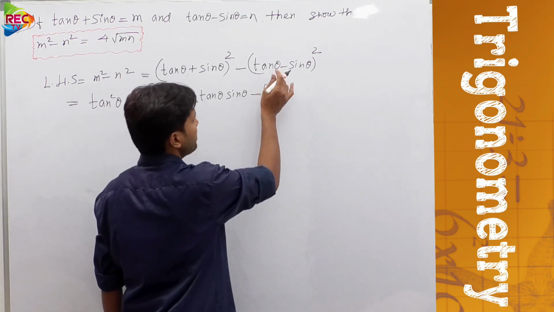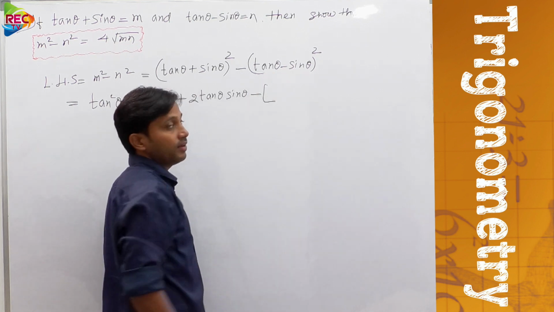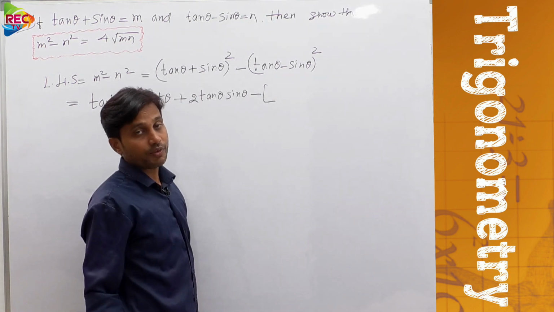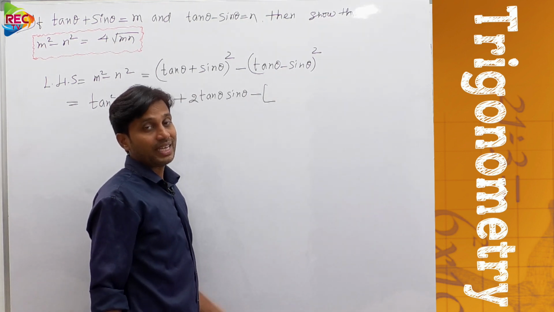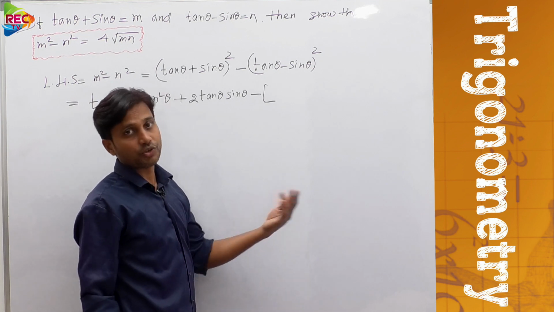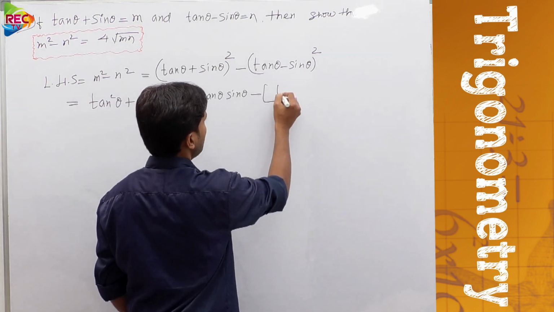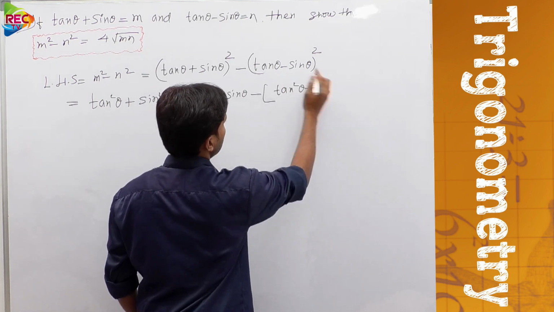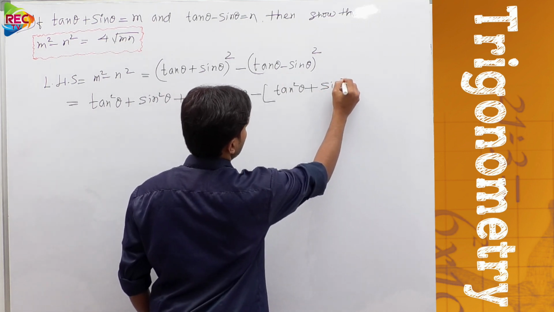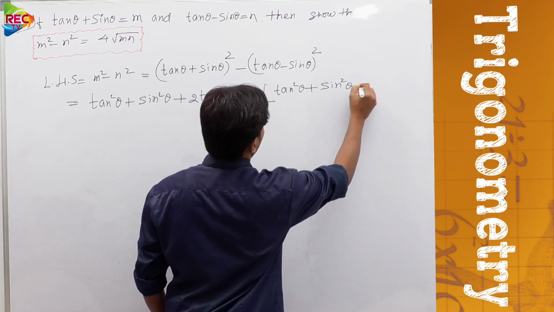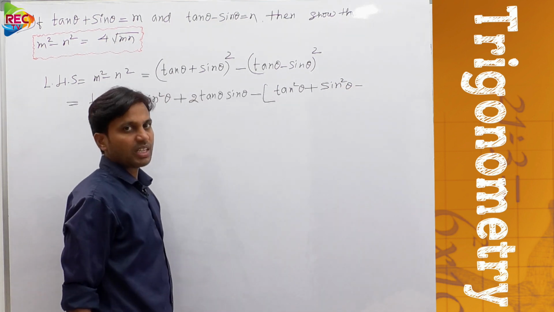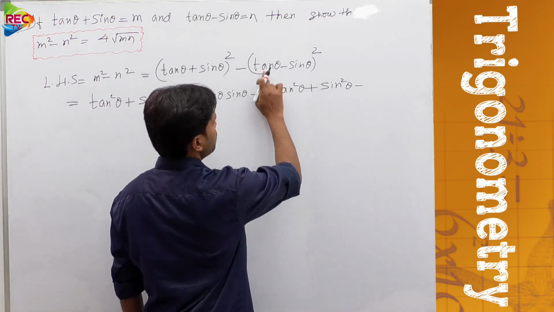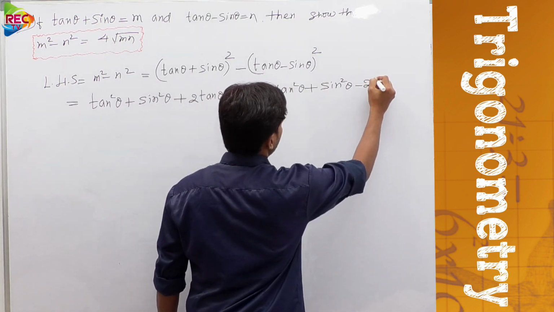Anyways, this is a minus b whole square form, so we can expand this in the form of a square plus b square minus 2ab. So here a square would be what? Tan theta whole square, that is tan square theta, plus b square, that is sin square theta, minus 2 tan theta sin theta, 2ab.